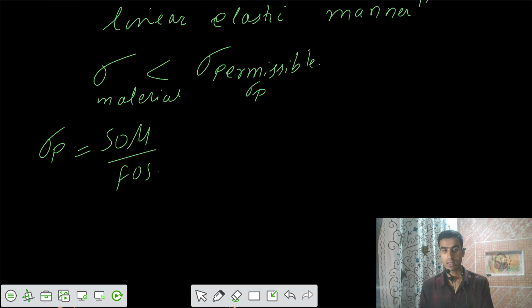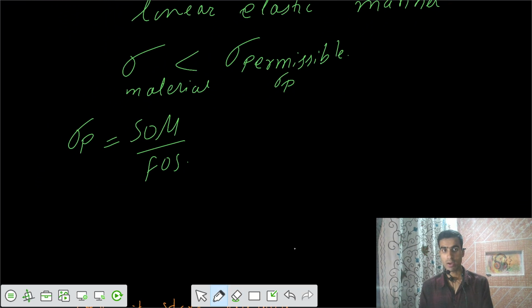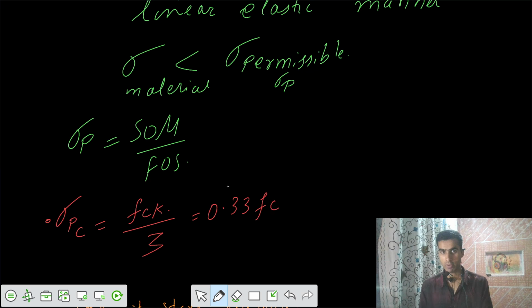If I take the first material, concrete, what should be the sigma permissible for concrete? It is FCK, the characteristic compressive strength, divided by a factor of safety of 3. So the overall permissible stress in concrete should be 0.33 FCK.